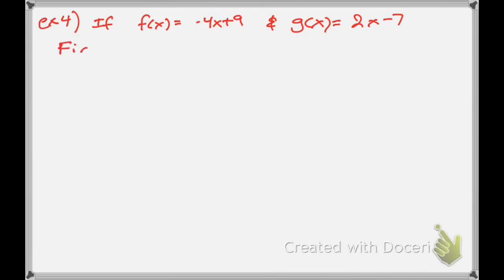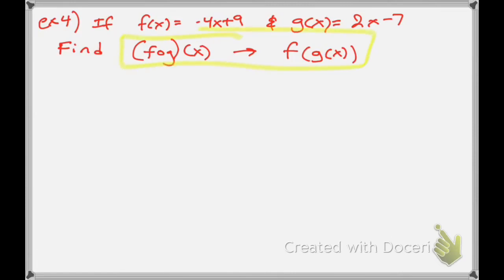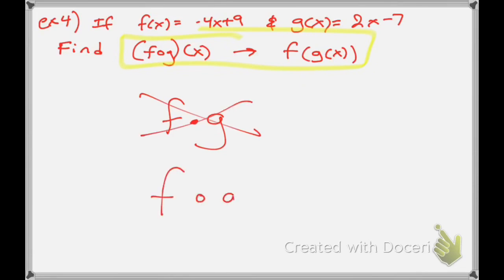Let's find f of g of x, or we could write it like this, f of g of x. Both ways work. And remember, I'm not multiplying f times g. I'm not doing that because I have that open circle there. So that's the difference in the notation.